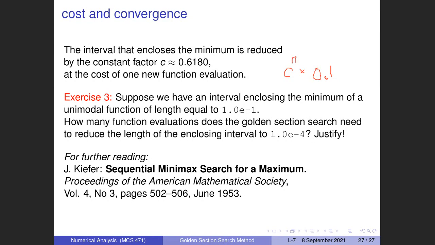If we do this once, the accuracy is improved with this factor C. So the exercise asks you to solve this equation. You can take a logarithm and then solve for n. That's the exercise. You can also do it experimentally.